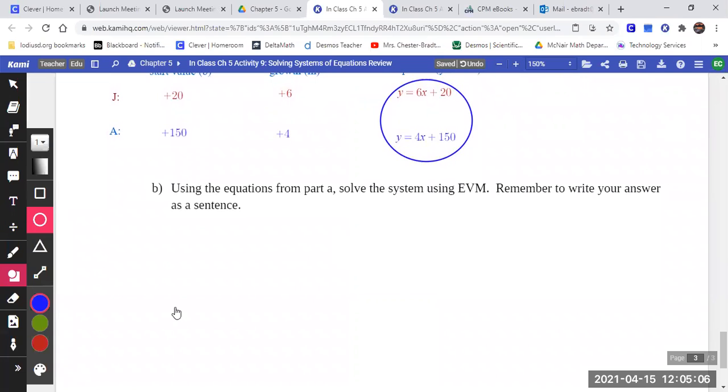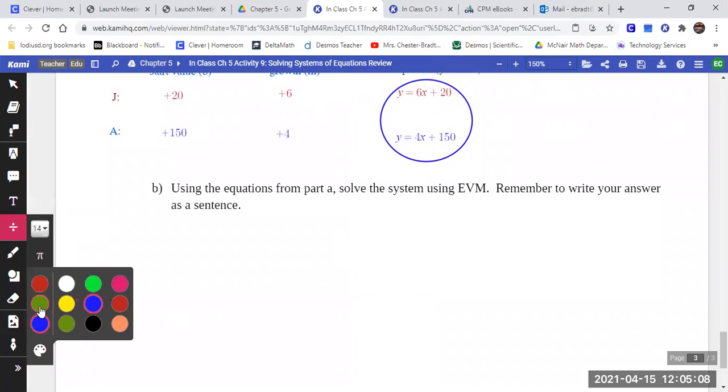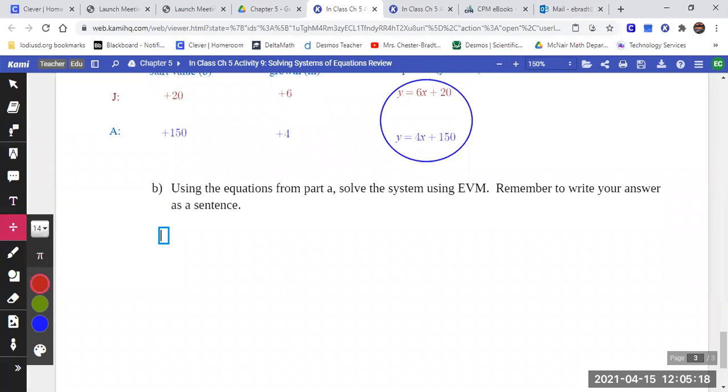So what am I going to do with these two equations if I'm using equal value method? If I'm going to try and find the equal point, what am I going to say? Yes, we're going to say that the first equation, 6x plus 20, is going to equal the second equation, 4x plus 150.